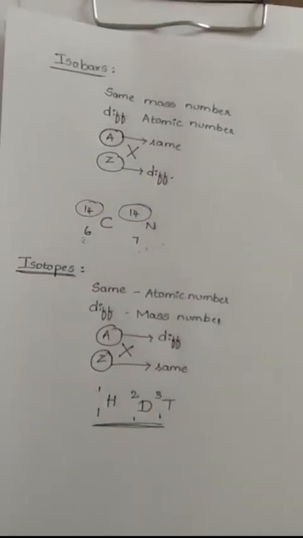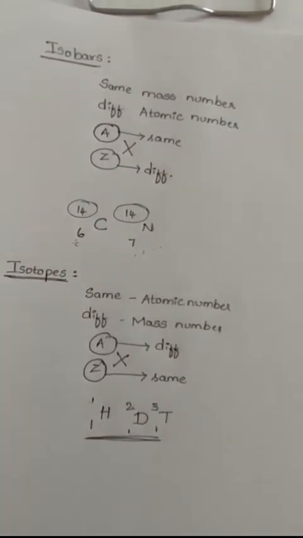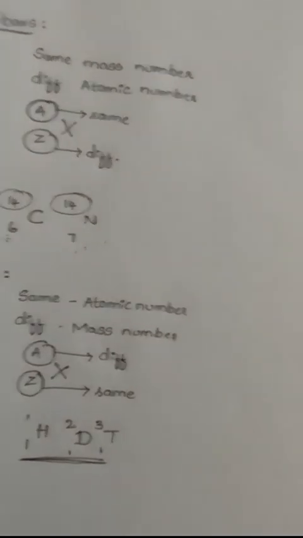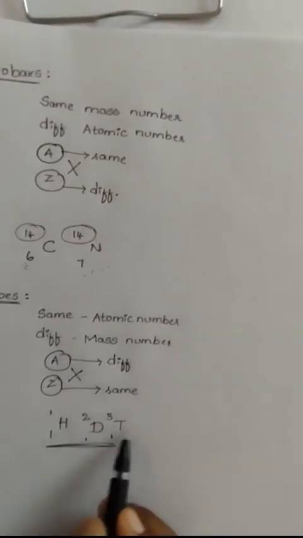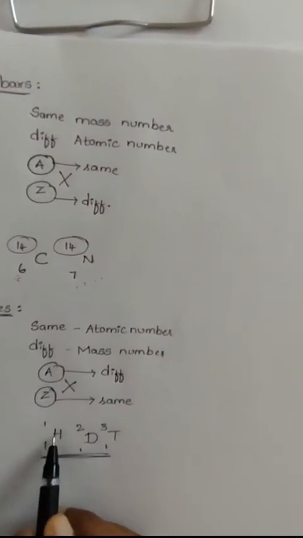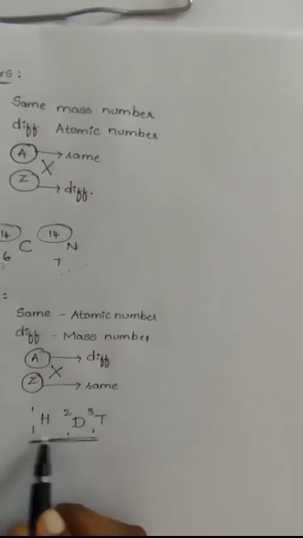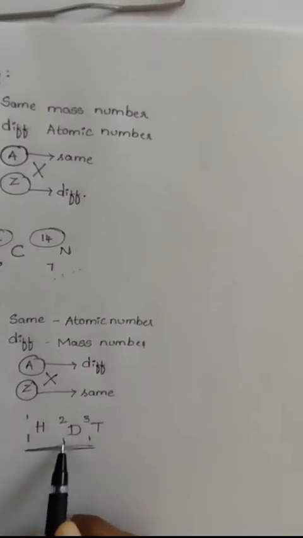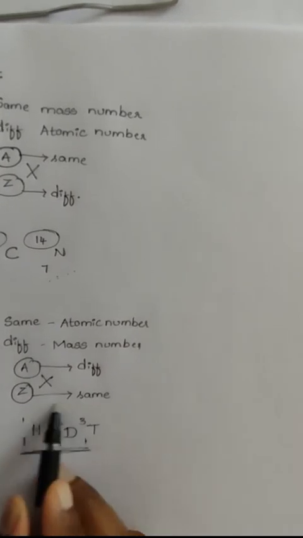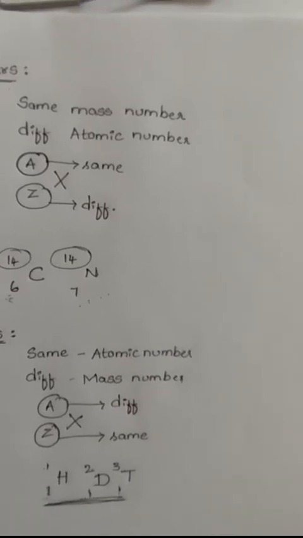Here the important point to remember is that any element's chemical properties are mainly due to the electrons present in them, not due to the protons or neutrons. So if elements have the same atomic number, meaning they have the same number of electrons, they are supposed to show the same type of chemical properties.